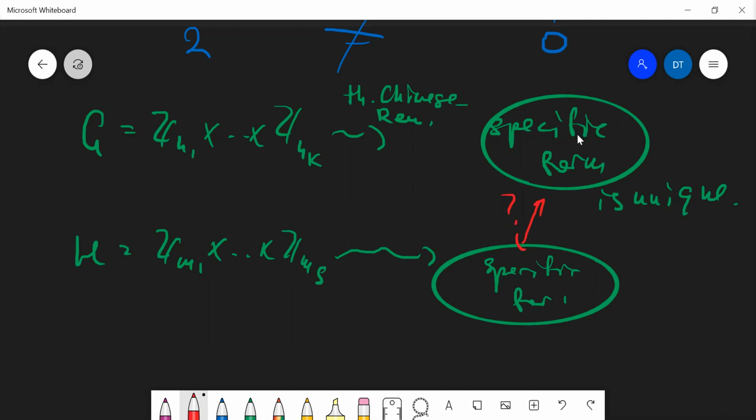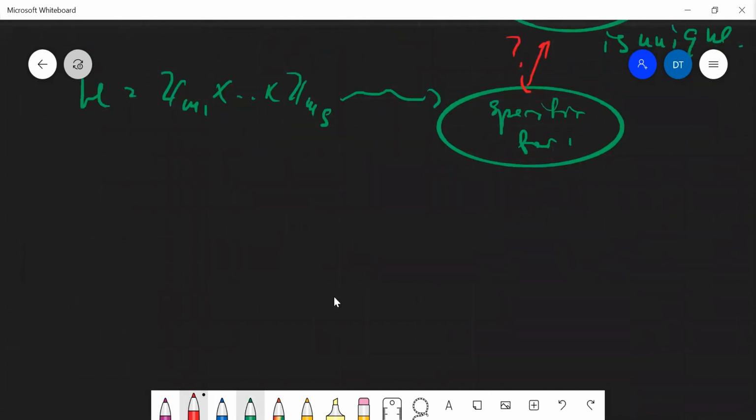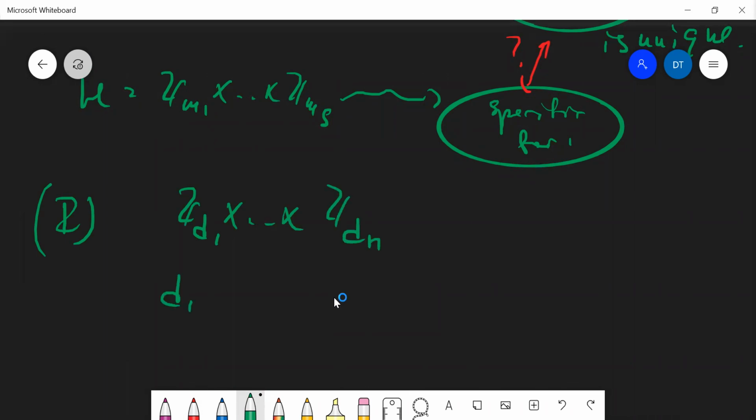And there are two different specific forms. Specific form number one is this. You want to rewrite your group as a product of cyclic subgroups such that the order of each subgroup divides the order of the next one. This is form number one.